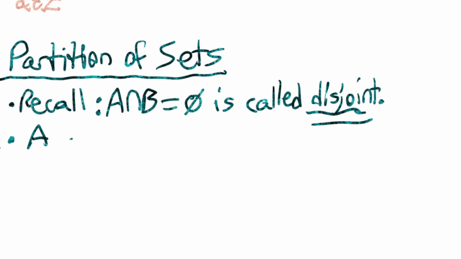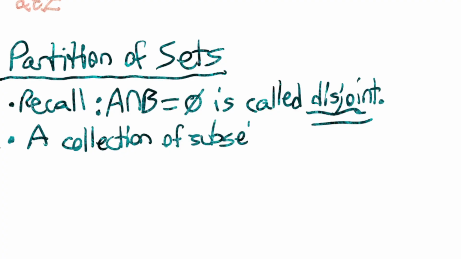So a collection of subsets S, and this is a different form of S, where we just have a little line coming off of both ends of S to help differentiate between other uses of S that we may use.